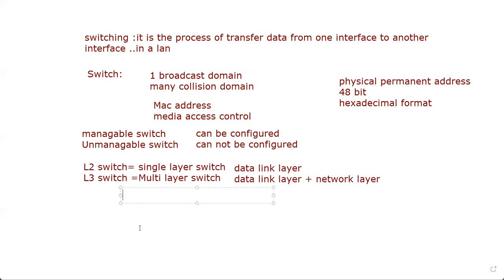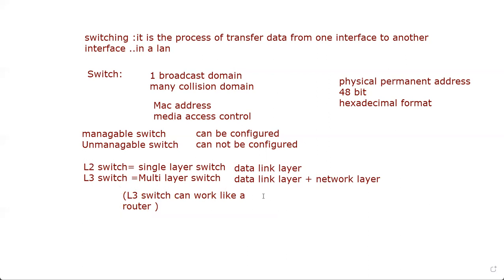An L3 switch can work like a router also. It can work on the same network ID and on different network IDs also. So these are the differences between a layer 2 switch and a layer 3 switch.